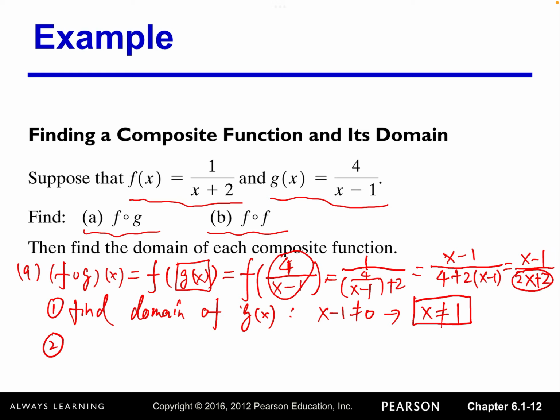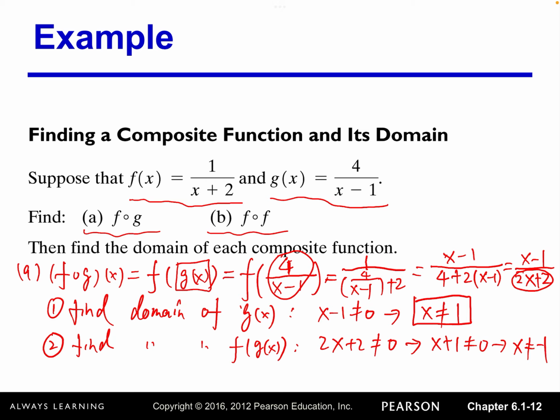Okay, so second step, we need to find the domain of f composed with g, which in our case means the denominator cannot be 0, right? 2x plus 2 cannot equal 0, and then we divide both sides by 2. So x plus 1 cannot equal 0, and then x cannot equal -1.